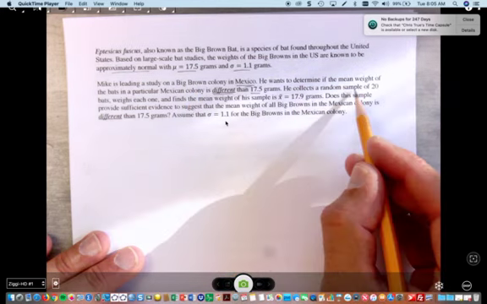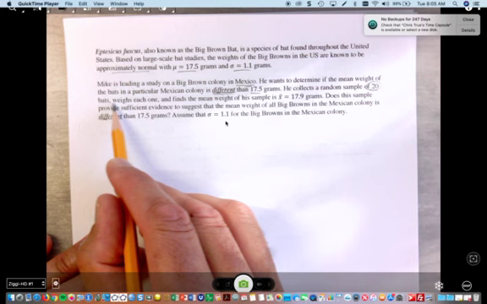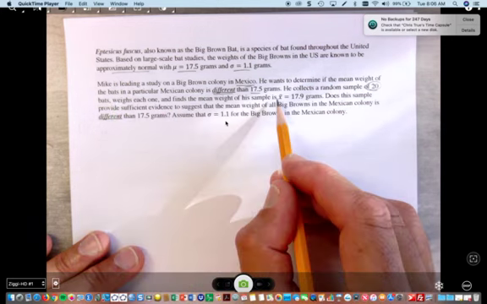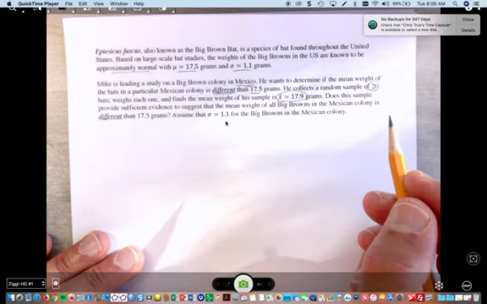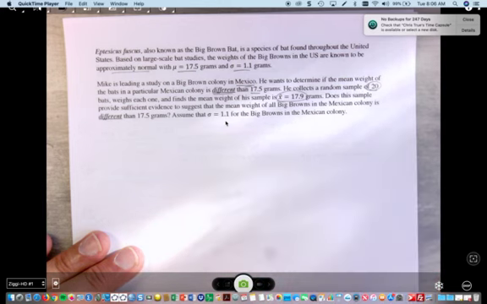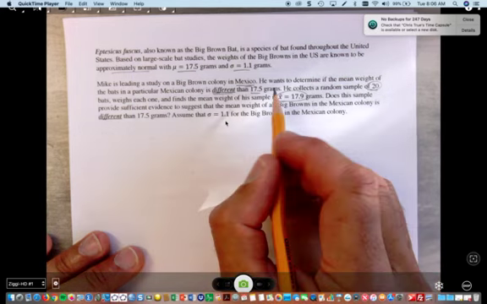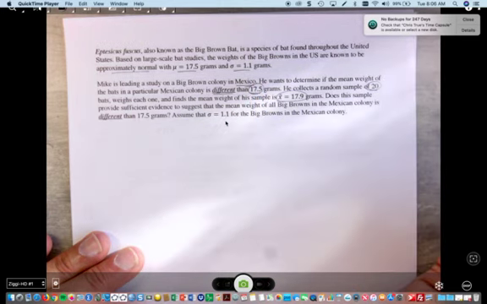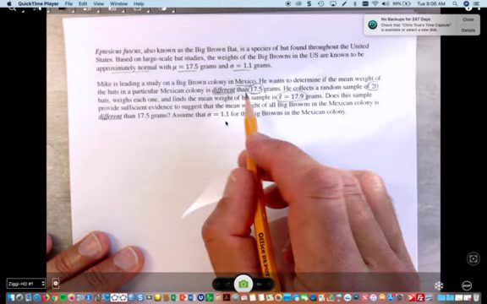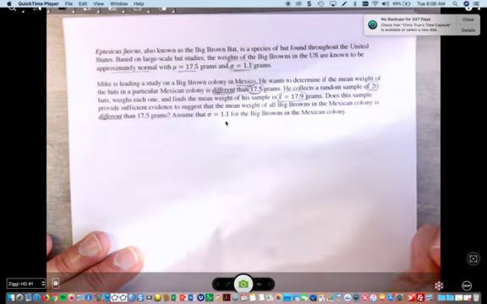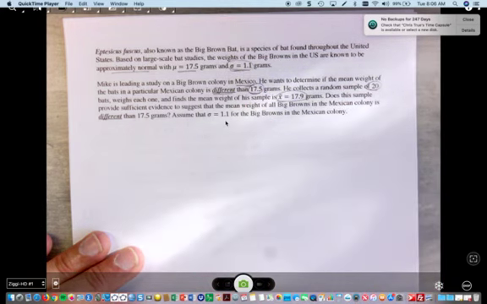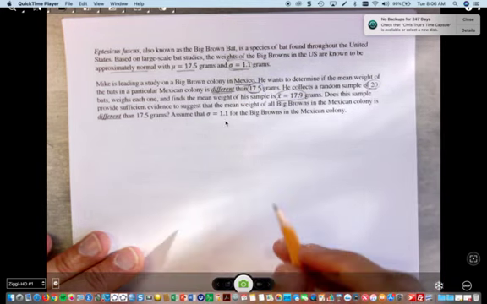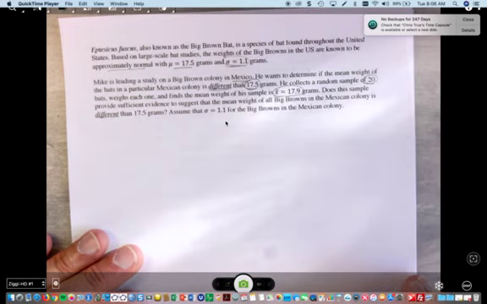He collects a random sample of 20 bats, weighs each one, and finds the mean weight to be 17.9. If a person doesn't know much about statistics, they might say 17.9 is different than 17.5. We're smarter than that because we know there's some variability in these weights as well, and we may or may not be surprised to see a sample mean this large or larger.